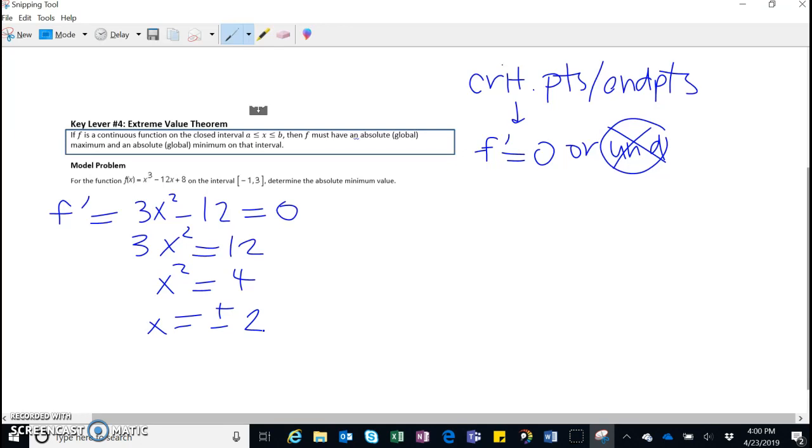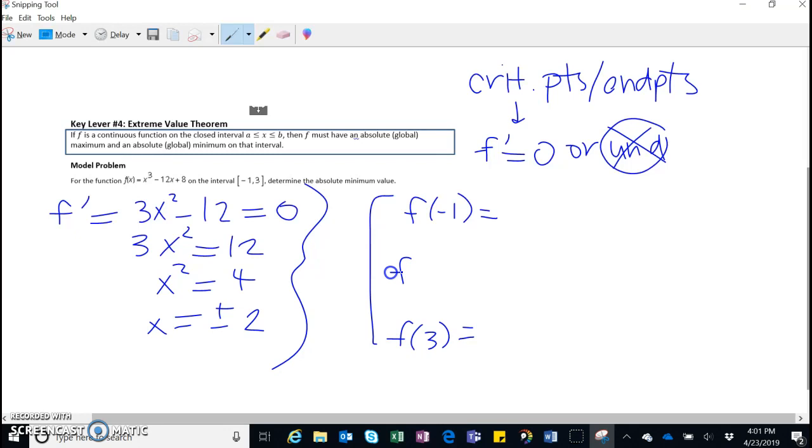I'd love to test my endpoints in my original function, f of -1 and f of 3. And it looks like I have 2 critical points over here based on my side work off to the side. But -2 is actually not in this window. So I'm only going to test the critical points that fall in the given interval, because that's the only location that I'm concerned with in this particular problem.